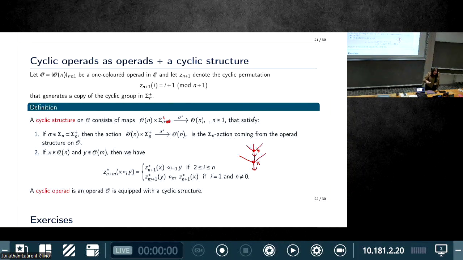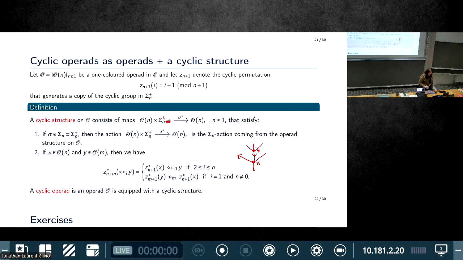If I now act on this label, so I change this output to here, that is one of several things depending on what i is. So it's either I cyclically permuted x first, and then I composed y in the (i+1)st piece, which you can kind of see from the picture I drew there. And if I was composing in the first entry, then I actually just swap the order of composition and act on both.